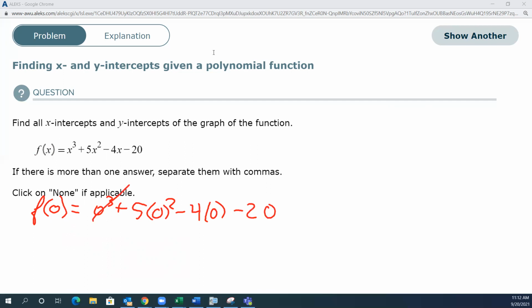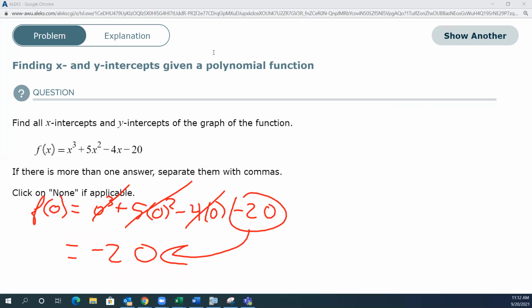Notice that goes to 0, so does that, and we're just left with -20. Bam. And that'll be our y-intercept. And again, you can and should confirm that on your calculator. Be able to do it by hand and by calculator.